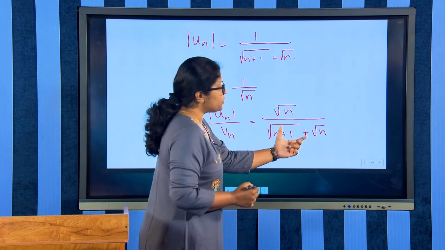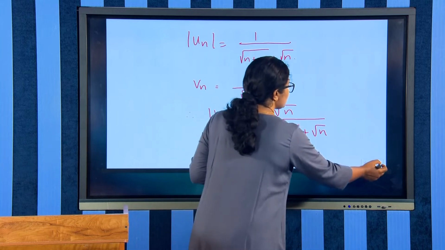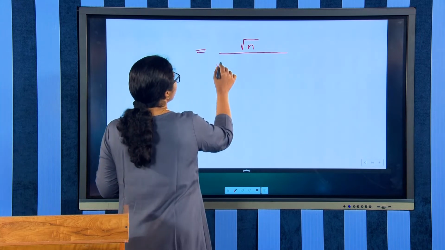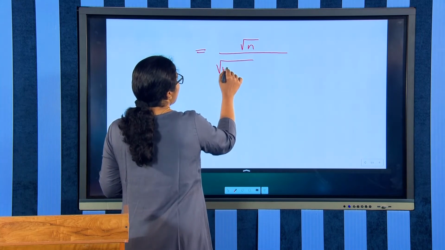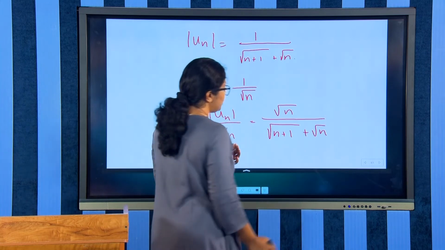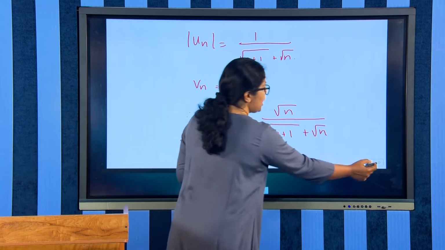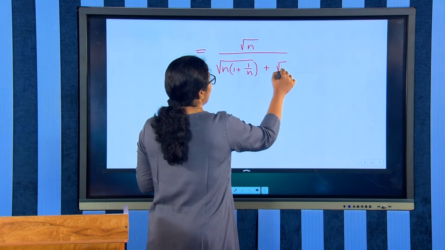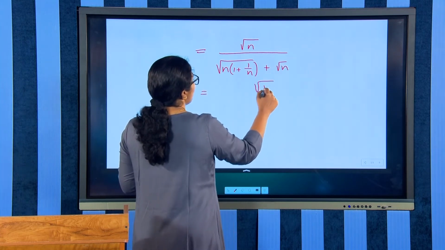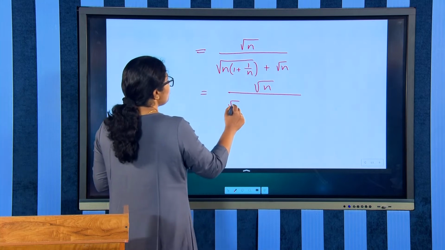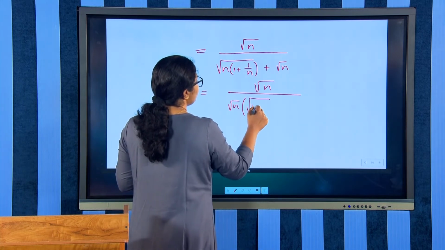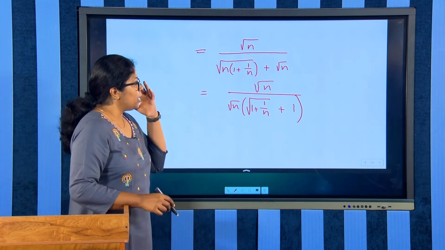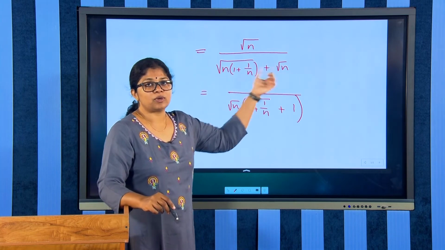From the denominator we need to take root n outside. When you take root n outside, you will be getting root n divided by root of n into, if you take n outside from this term, n into 1 plus 1 upon n plus root n, which is equal to square root of n upon square root of n into square root of 1 plus 1 upon n plus 1, because we can take a root n from both the terms in the denominator.